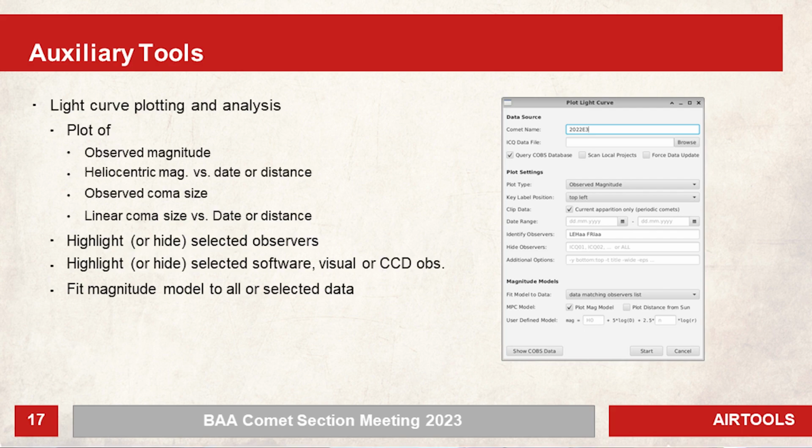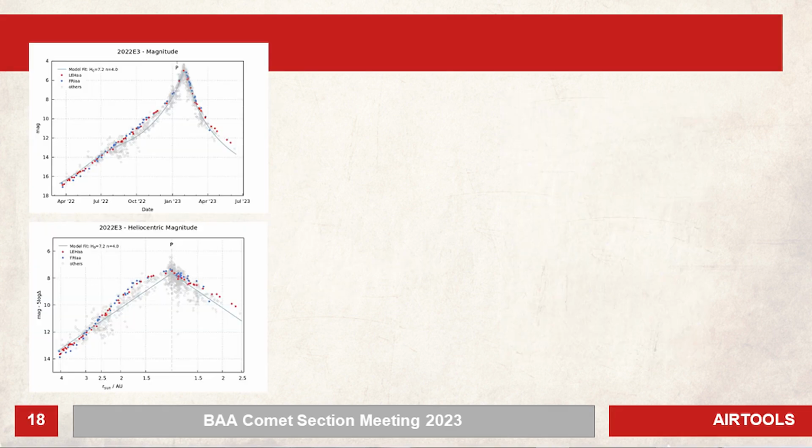You can also plot the coma sizes, and you can highlight or hide several selected observers to study individual data. And you can also select on the different software method used, or visual or CCD observation. And you can just fit a simple magnitude model.